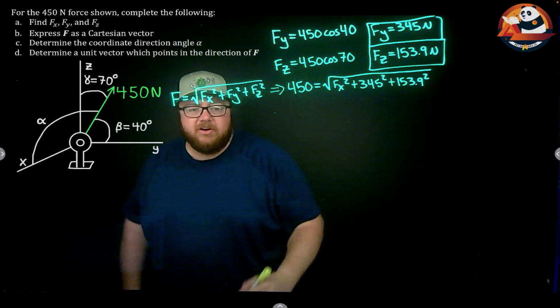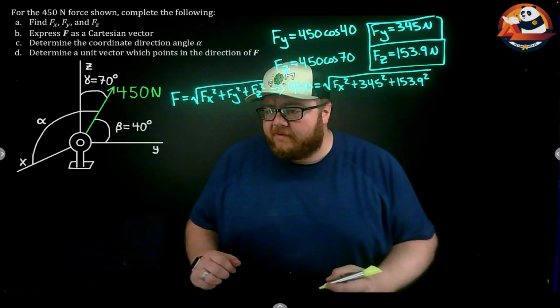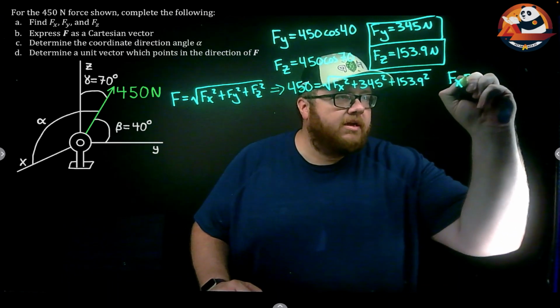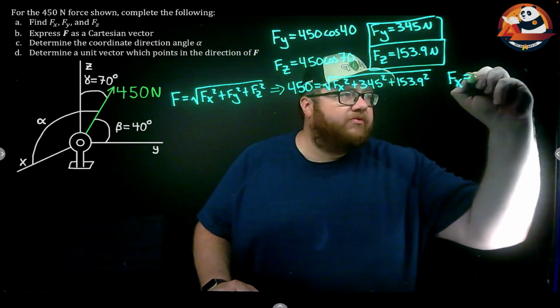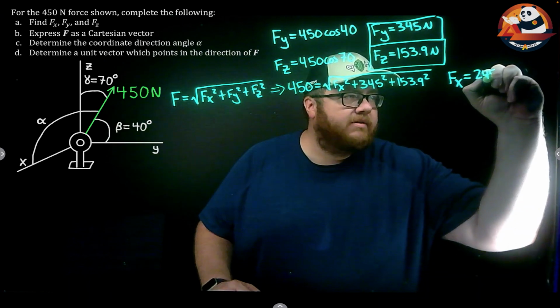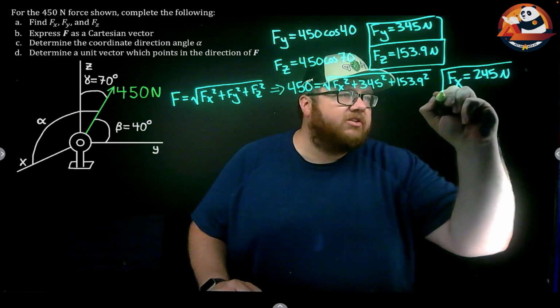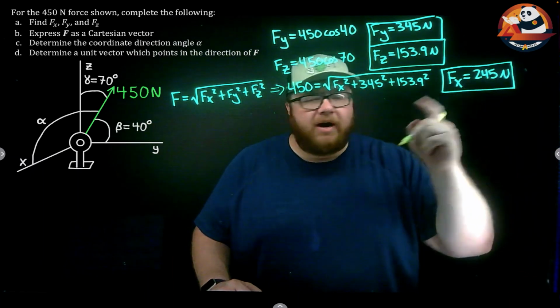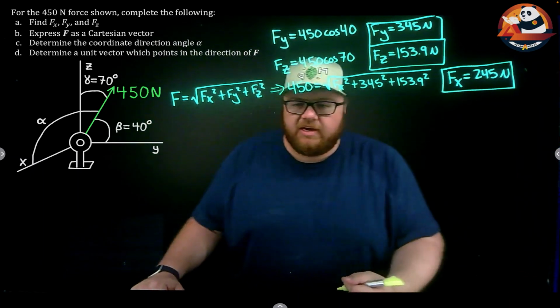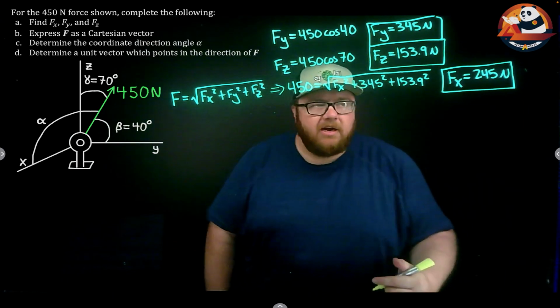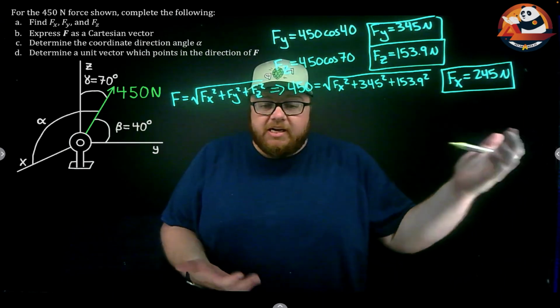Fx is my only unknown here. I should be able to solve for that. I'll get that Fx is 245 newtons. Technically, just so that we acknowledge it, this could be positive or negative 245. I'm just making the assumption I'm taking the positive root. But from there, we can keep going with that.